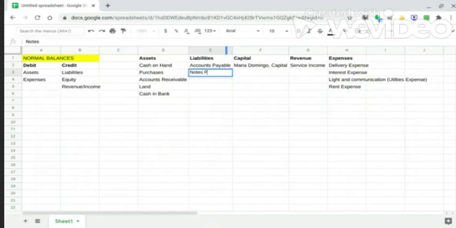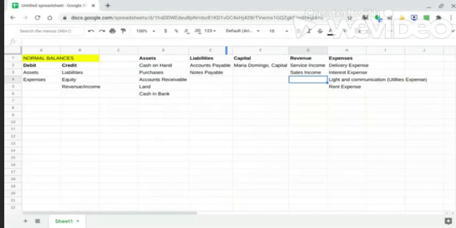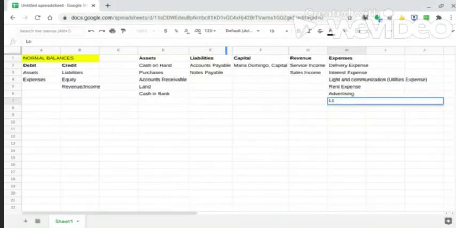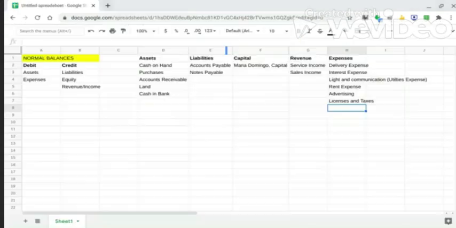Notes payable. Next is the sales income from the term itself. Then the advertising expense din yan. Advertising. Next is the licenses and taxes expense din yan. We have the office equipment.